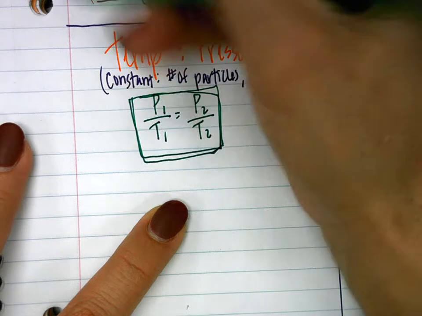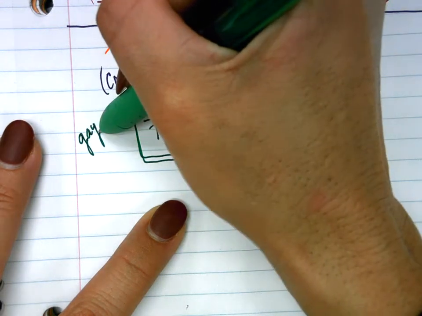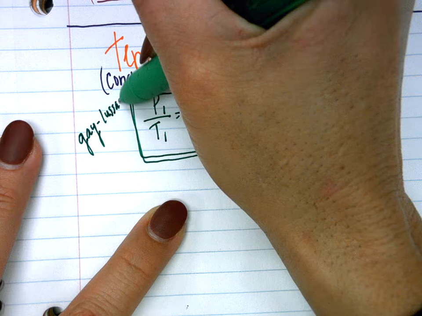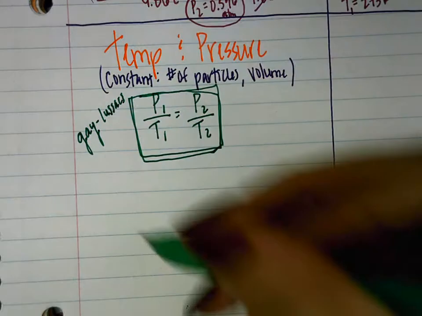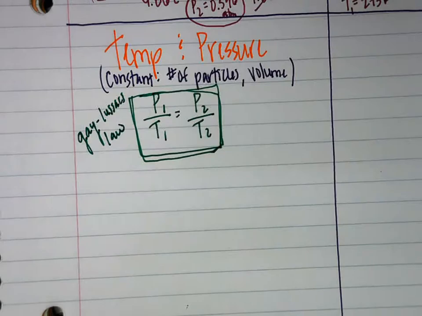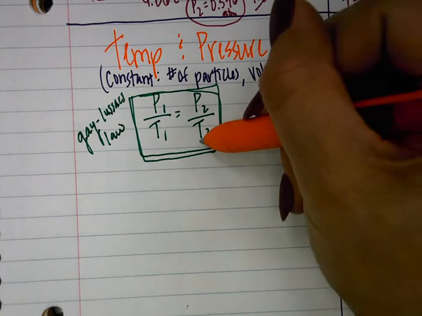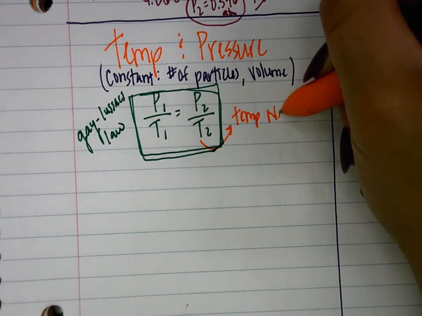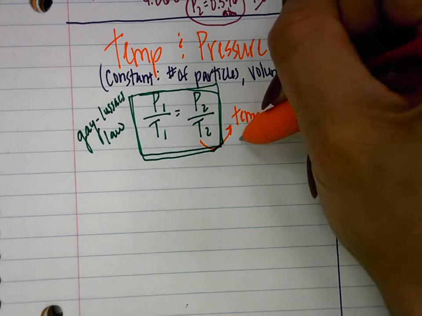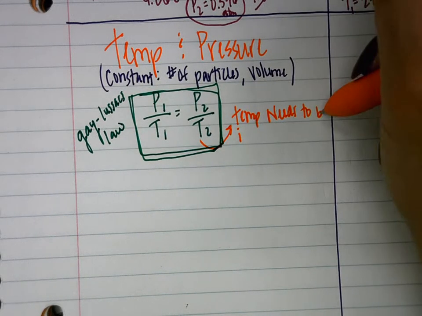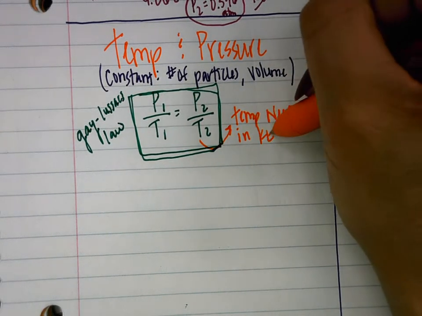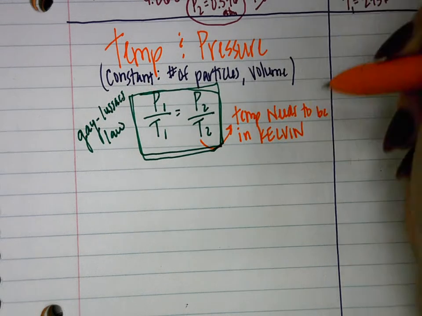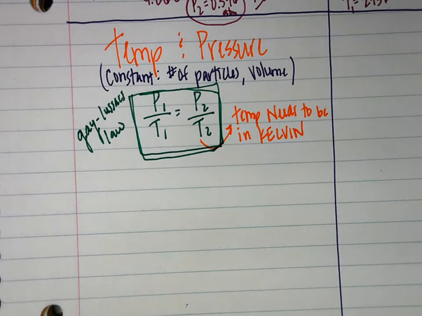Okay, and this is Gay-Lussac's law. And again, you got temp in here. Your temp needs to be in Kelvin. And this is also a direct relationship.